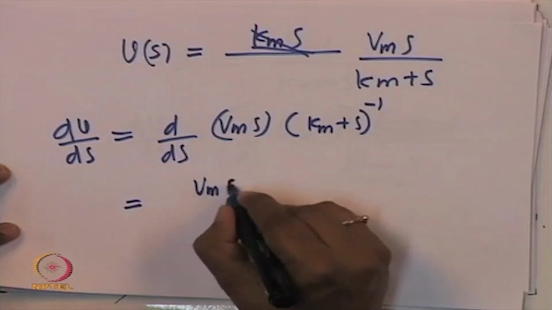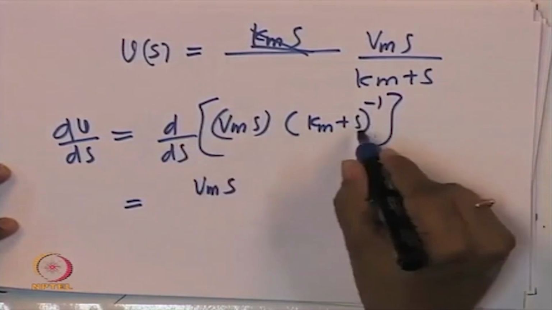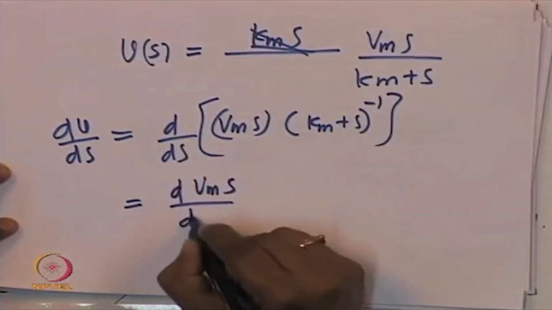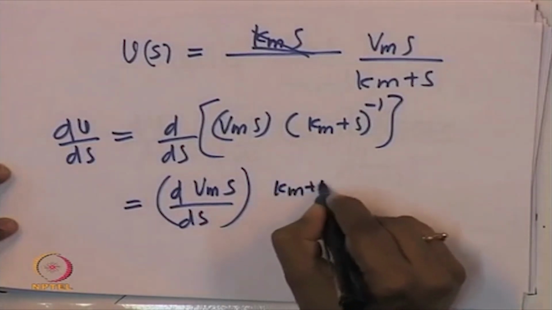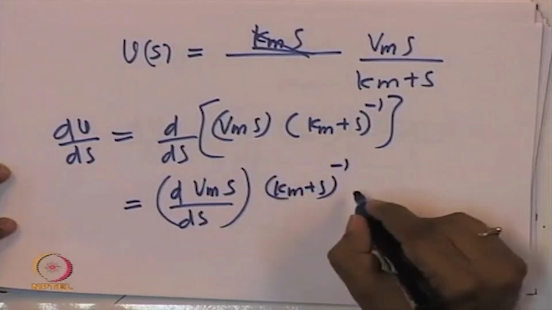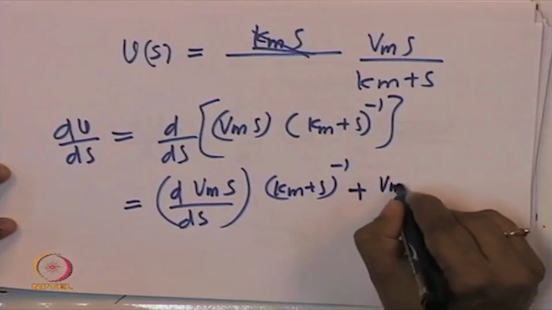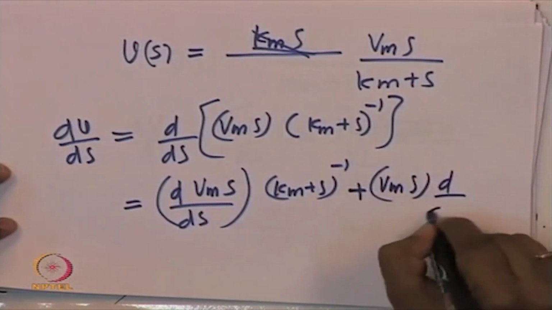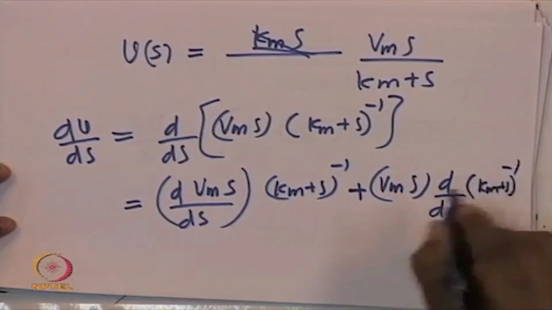So, now let us find the derivative of this whole thing, which is basically the derivative of this into Km plus S whole power minus 1, plus Vms into the derivative of Km plus S whole power minus 1.